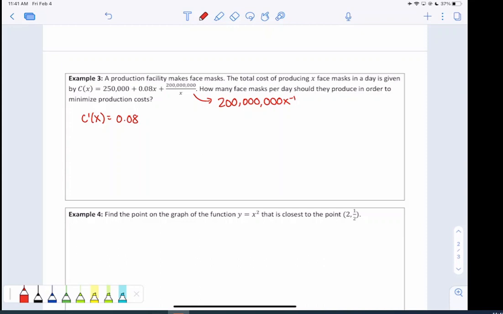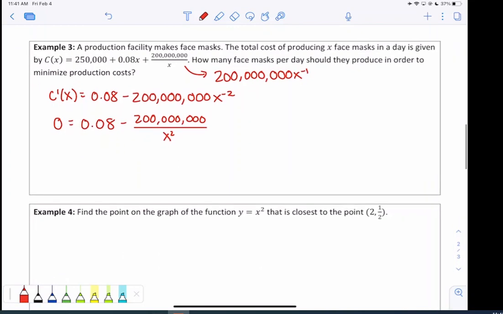So then that would give me a derivative of negative 200 million x to the negative 2. Okay. So there is my derivative. And if I want to find my minimum, then I need to set this derivative all equal to 0. Okay? Now I'm going to rewrite this x to the negative 2 as a fraction.